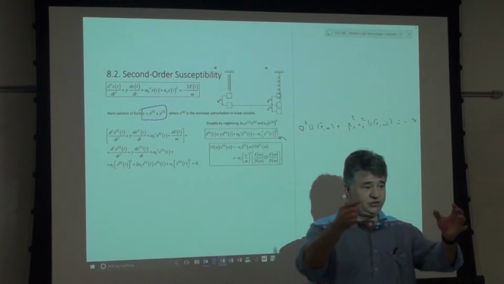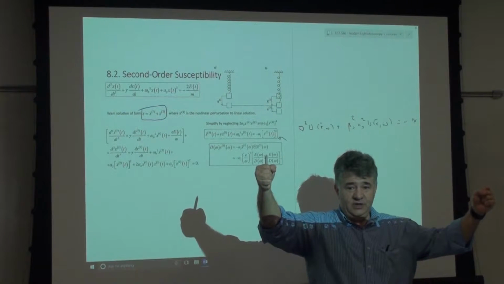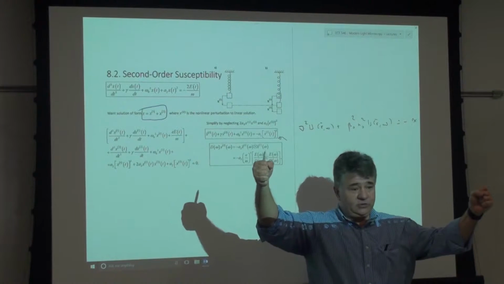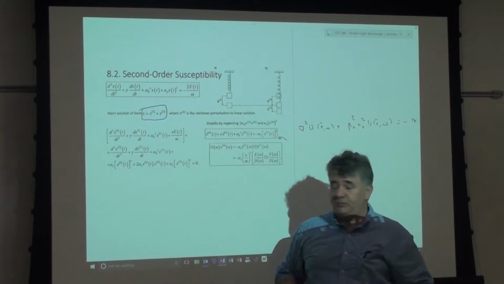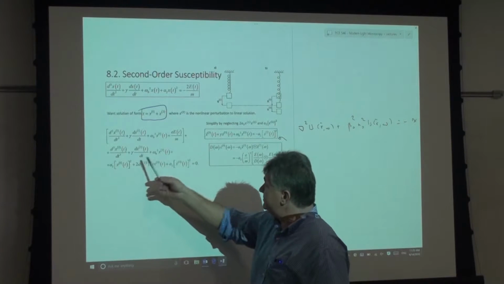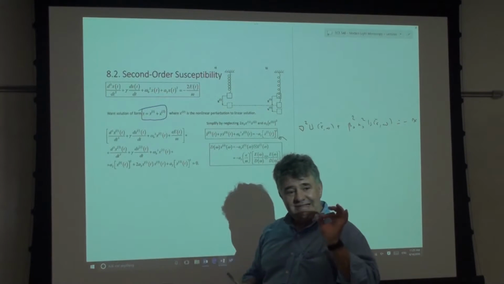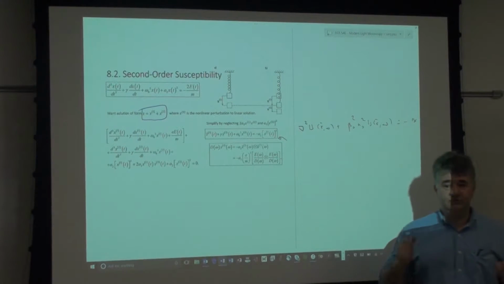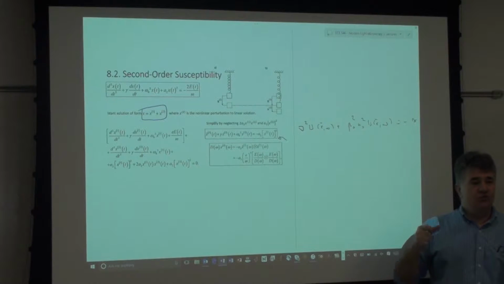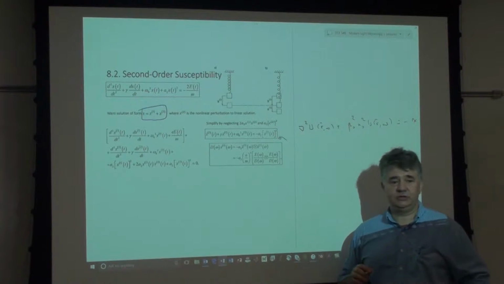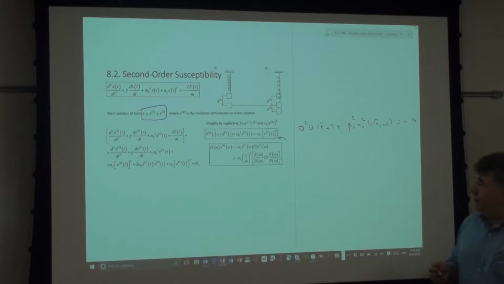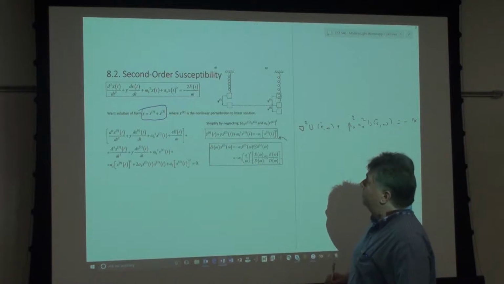It's exactly this picture that I stretch the spring, and now I'm looking at small displacements around the new stretched position. Okay? It's not huge nonlinearity. The nonlinearity is small. Okay? So I don't crank up the power to crazy levels. I get nonlinear effects, but as small perturbation compared to the linear one. Okay.